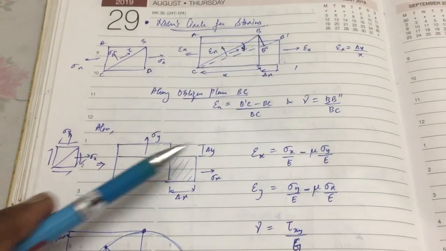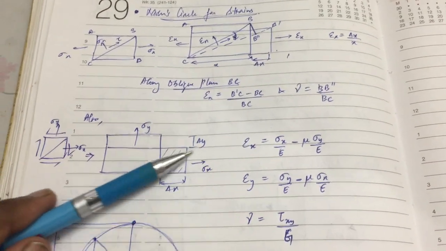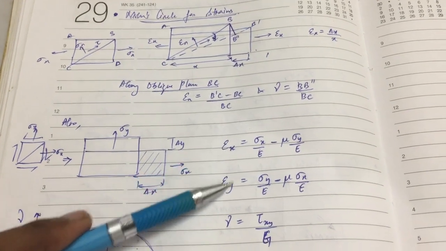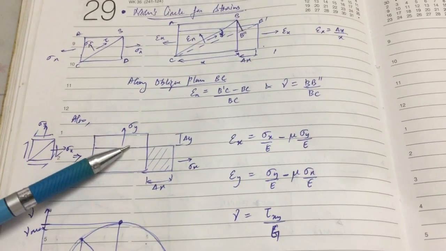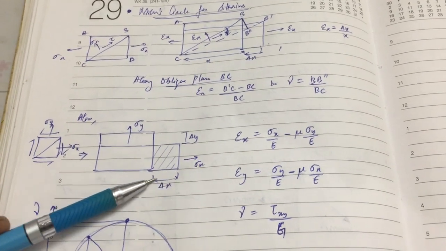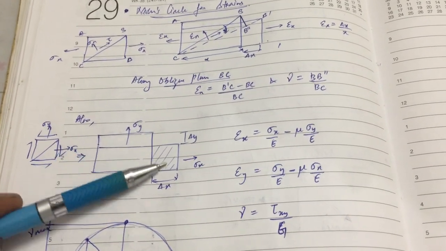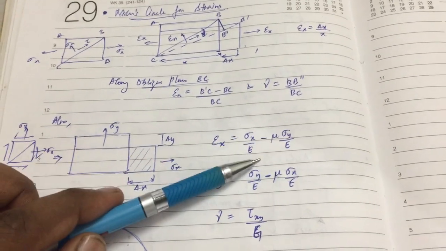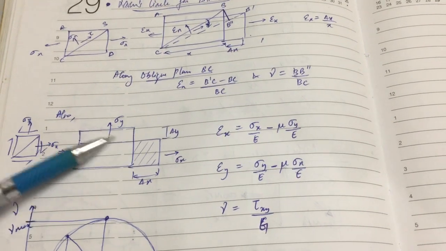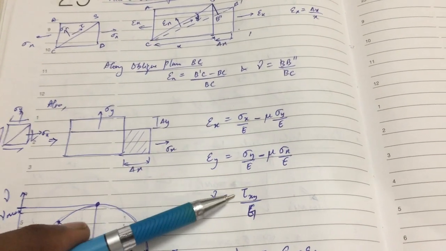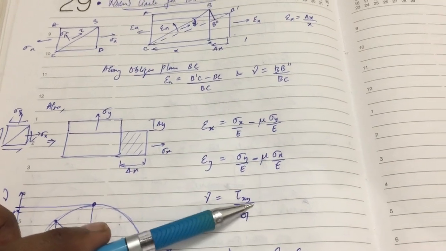Okay. And from here, for the general case, we have the strain along x and y as something like this, because if you have two stresses along the axes, then one stress will create strain here, and the other stress will reduce the strain. That means we have such an expression we can easily understand from the loads, and we can get the strain, and the shear strain will be the shear stress divided by the modulus of rigidity.